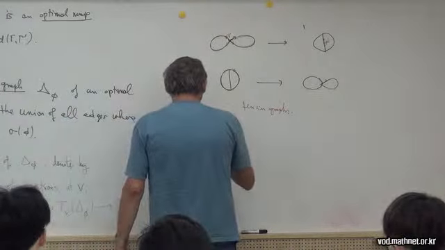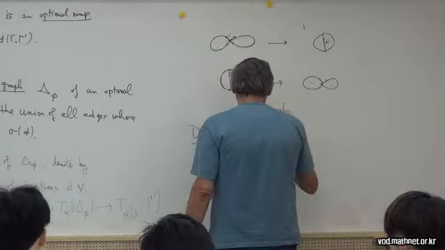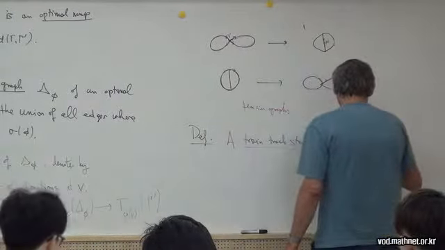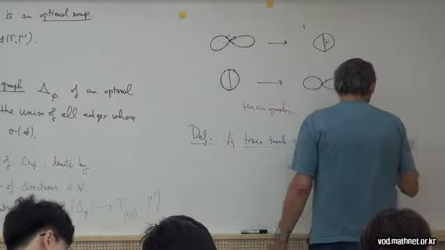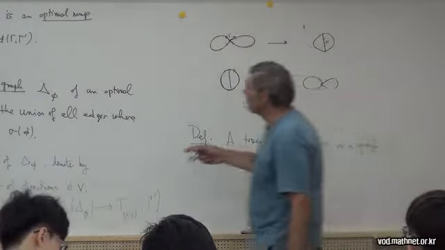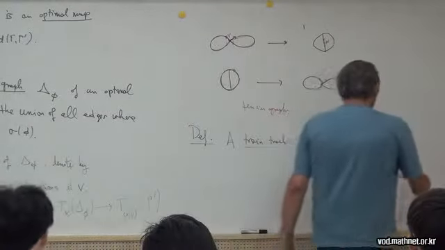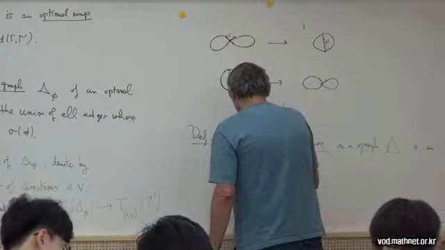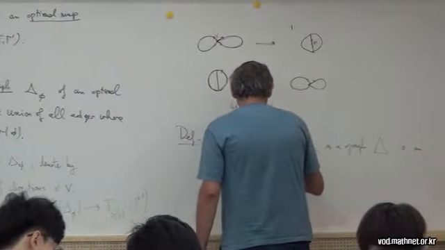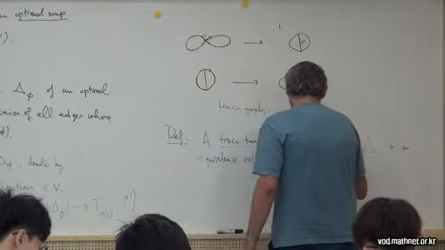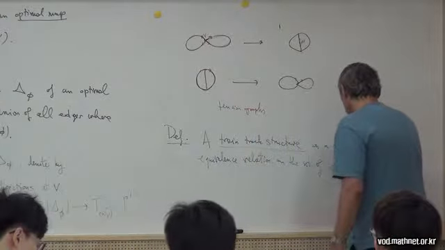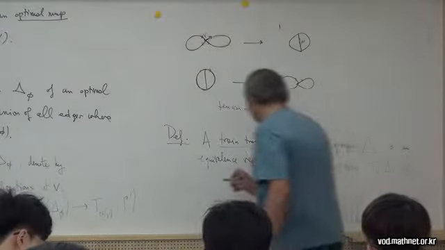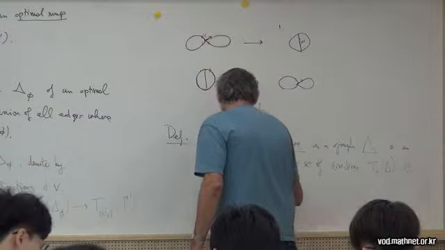Okay, so the definition is that a train track structure on the graph, let's just call it delta for now, just any old graph, but we will be interested in the train track structure on the tension graph, is an equivalence relation on the set of directions T_v delta at every vertex v in delta.